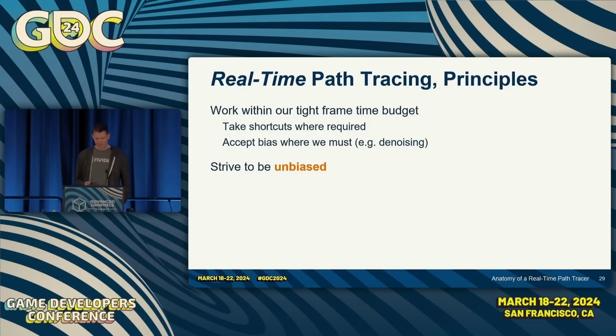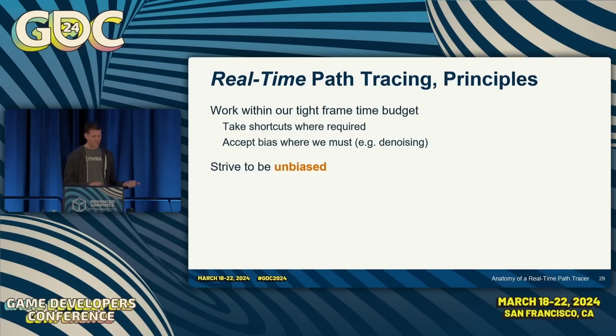Next, strive to be unbiased when sampling. This one's really important because don't get tunnel visioned on we have to be unbiased all the time or else our image is terrible and we're not path tracing. You can have a little bit of bias and it's okay.